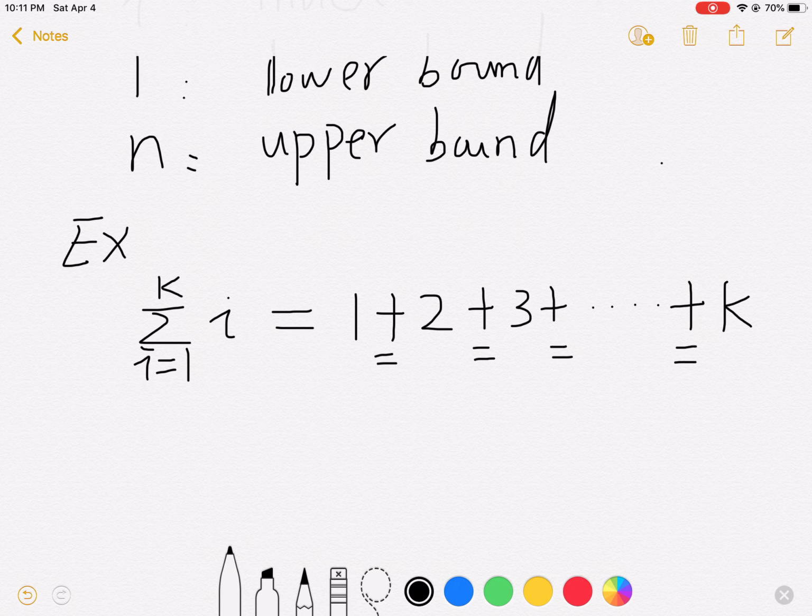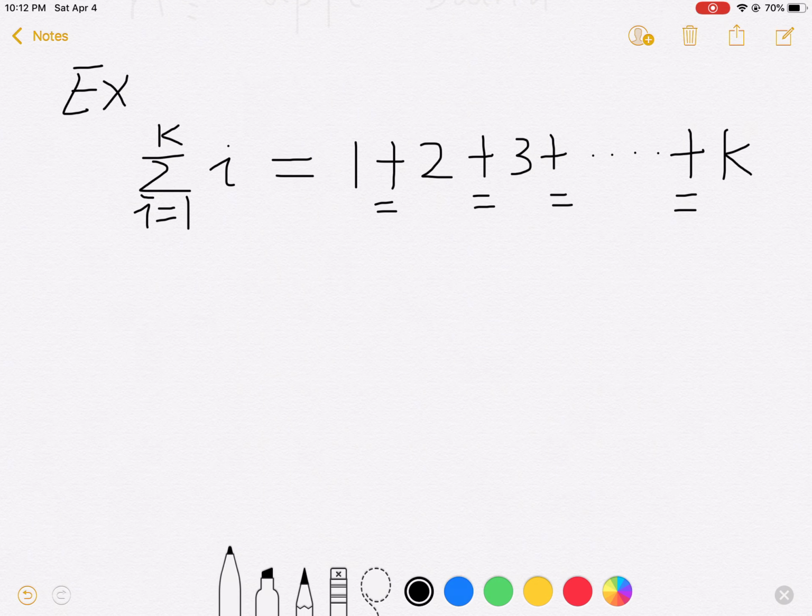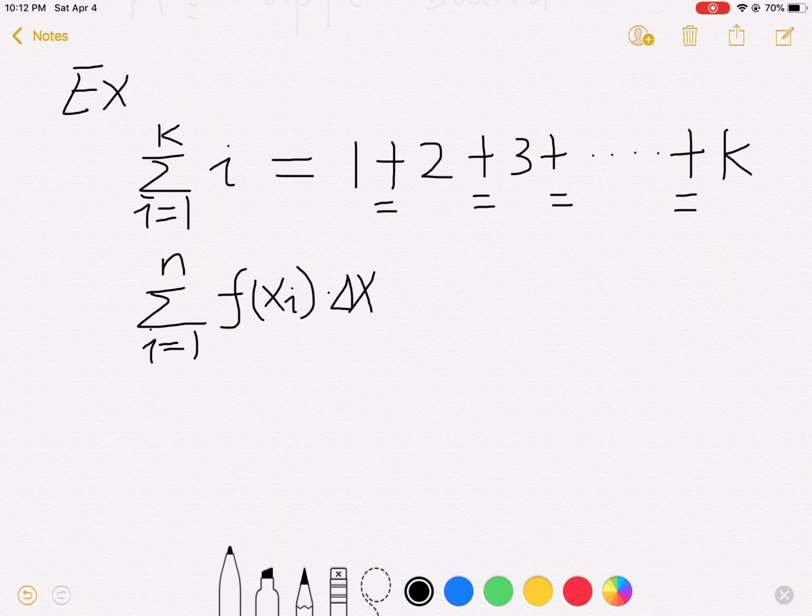Okay, so another example is if we have the sum of i from 1 to n of f of x sub i times delta x. What does this mean? This is the sum of the terms, where the term is f of x sub i times delta x.